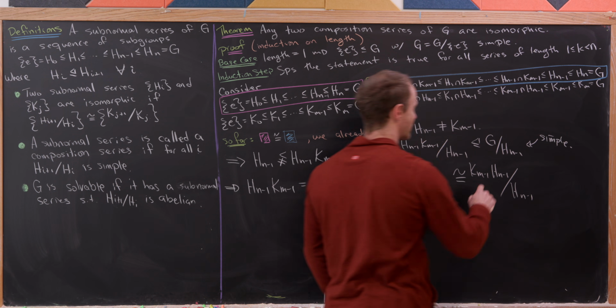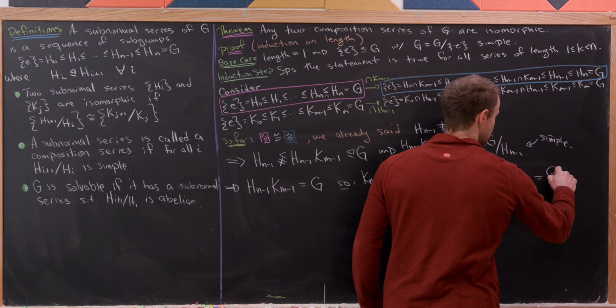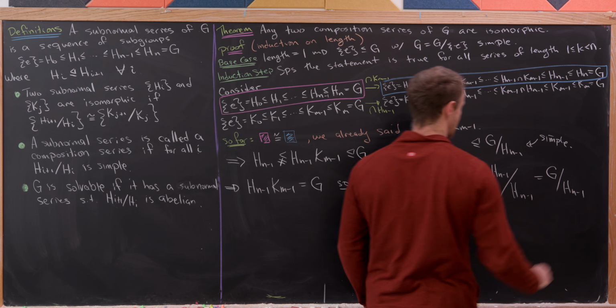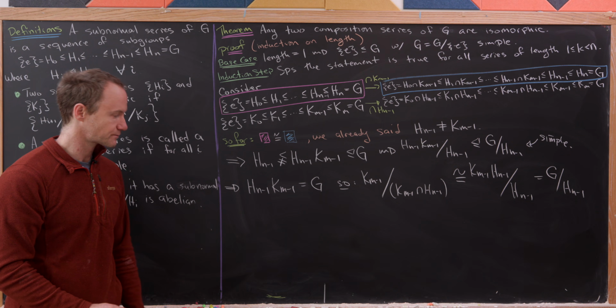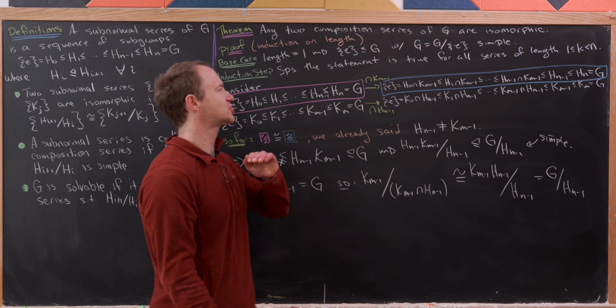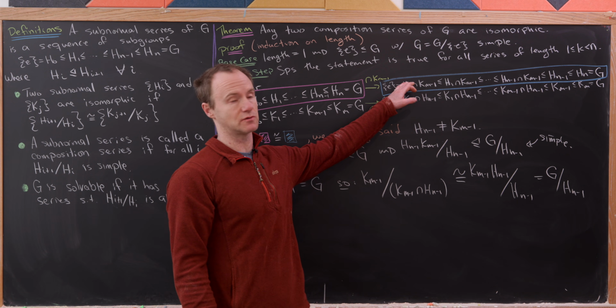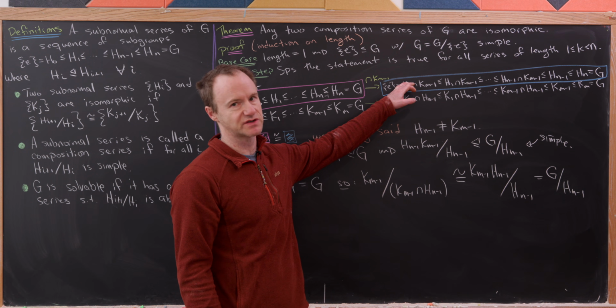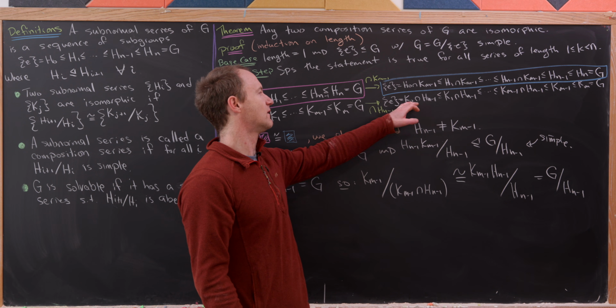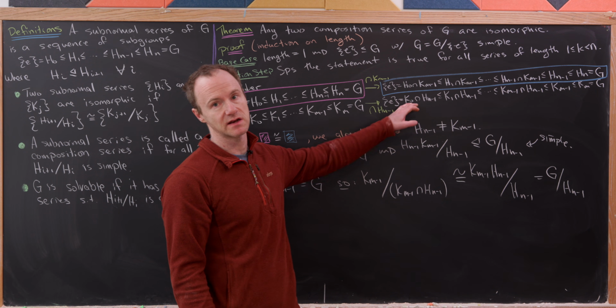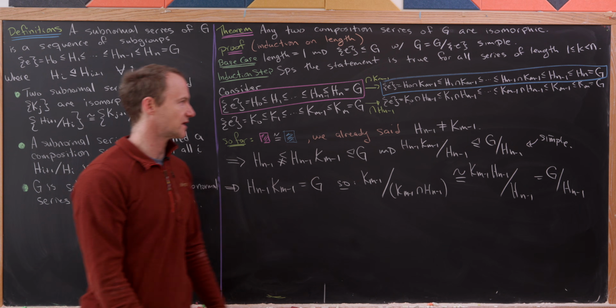But we just said that that product was G, so this is G mod h_{n-1}. But now that pretty quickly shows that this blue boxed normal series, or composition series, is equivalent to this one underneath it. So those two are equivalent.